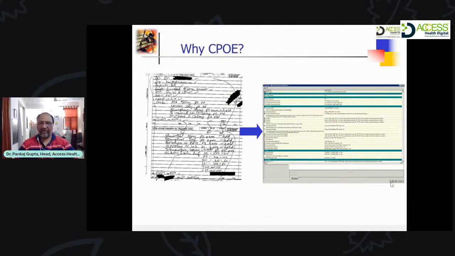If you have an electronic system which is properly structured, then you won't have the chances of errors that you can see on the left hand side, the written orders that you have on paper. The right hand side are your clinical orders, which are very well structured in an electronic system with all the knowledge base of CPOE built into it.